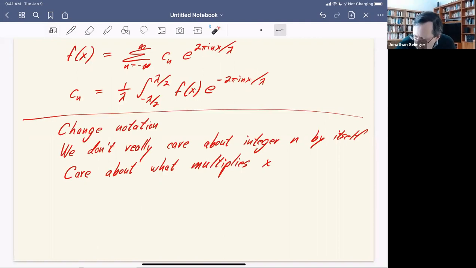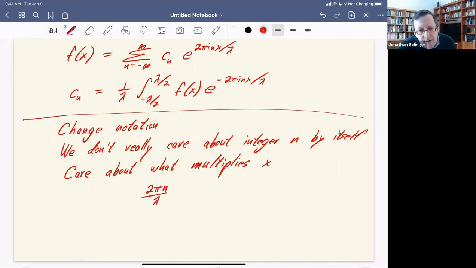It's an exponential of e to the i something times x, and the something is 2 pi n over lambda.